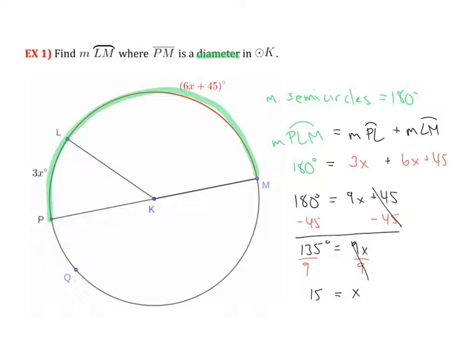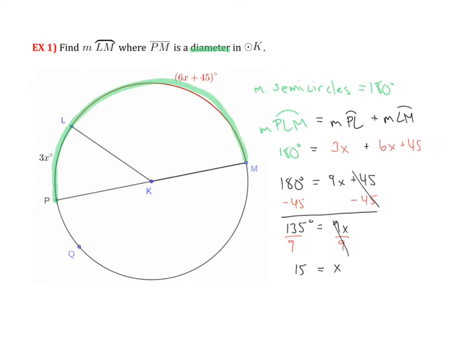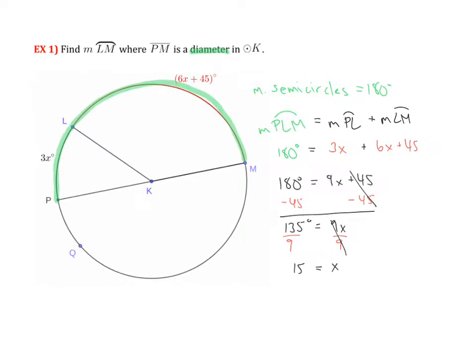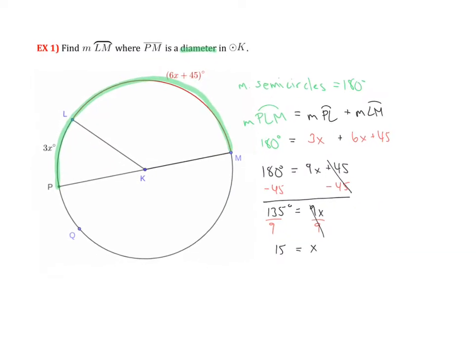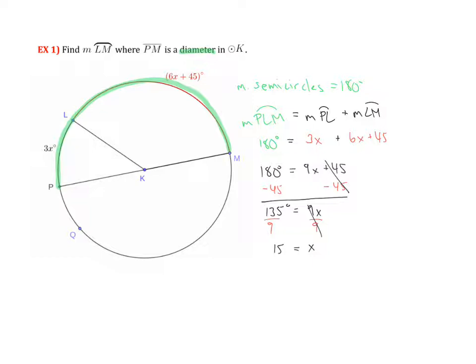Now, at this moment, I'm technically not done. Yes, we finished solving for x, but the problem is asking us to find the measure of arc LM. And x does not represent the measure of arc LM. So what we'll have to do is substitute into the equation to find the measure of arc LM.